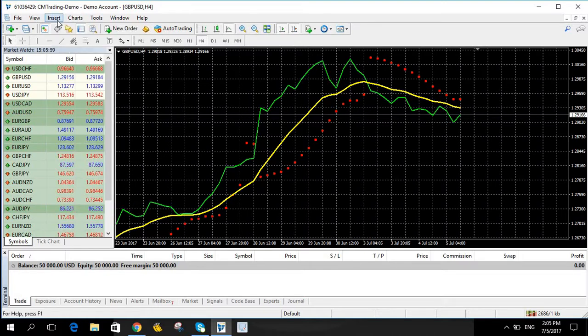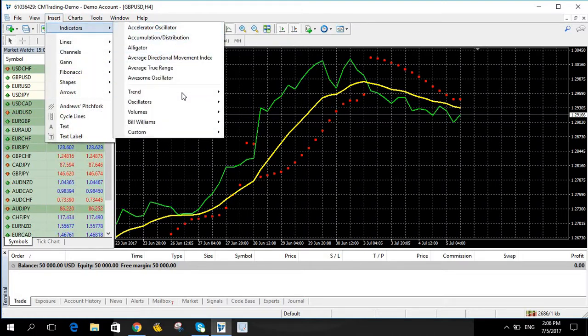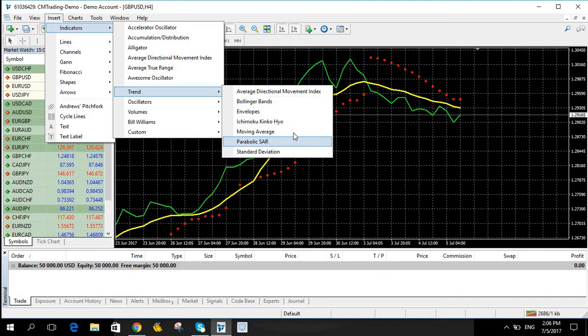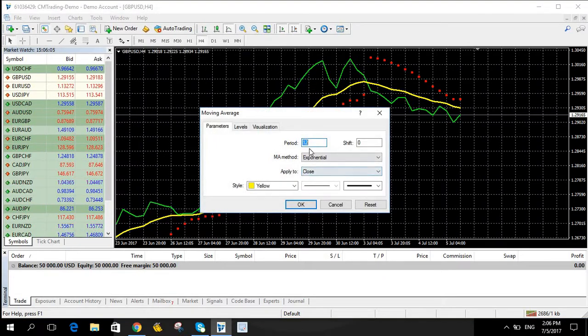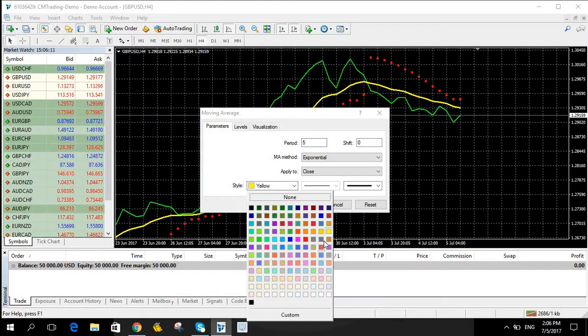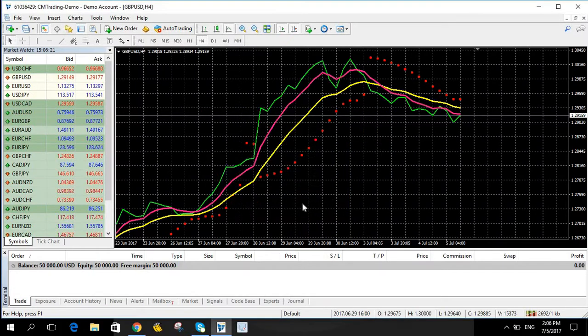Then let's insert the EMA 5, that is the exponential moving average 5. So let's change the style to say blue, or let's use this deep pink.